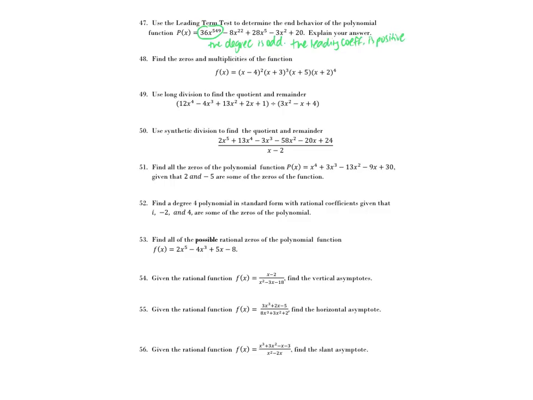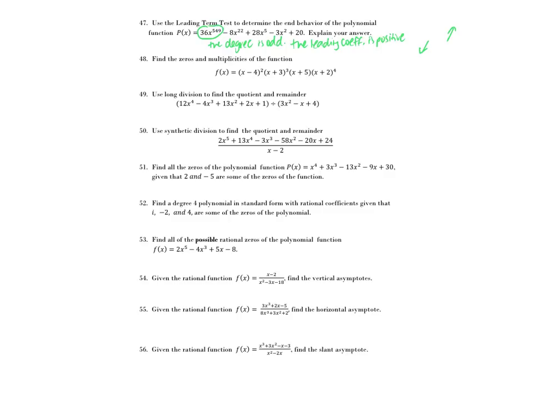So that means it's going to have the same end behavior as x cubed. It'll go up like this and down like that. As x goes to positive infinity, this thing is approaching positive infinity, and as x goes to negative infinity, this function will approach negative infinity.